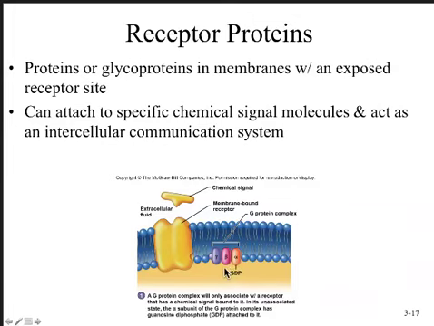This protein will then bind to GTP, that will activate it, and then it in turn will activate another protein either in the cytoplasm or perhaps in the membrane as well. And what will happen as a result is that the signal cascade at each step will grow in magnitude.